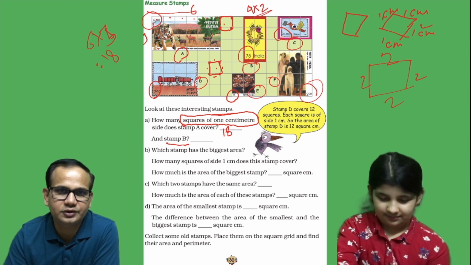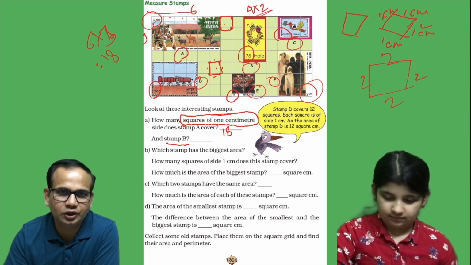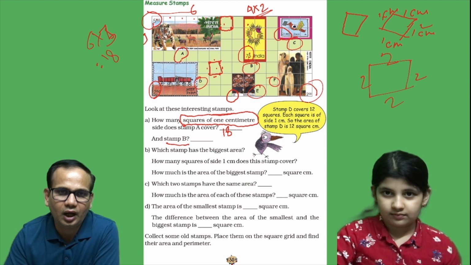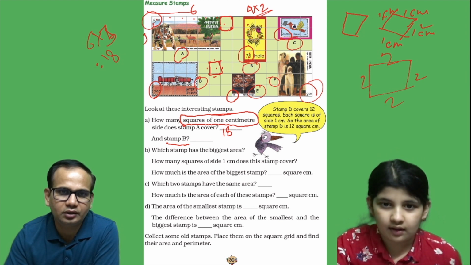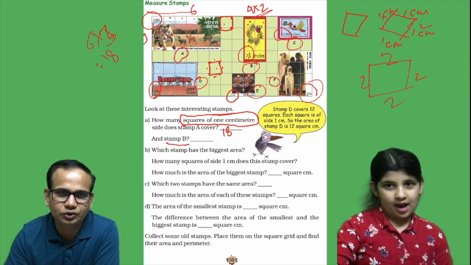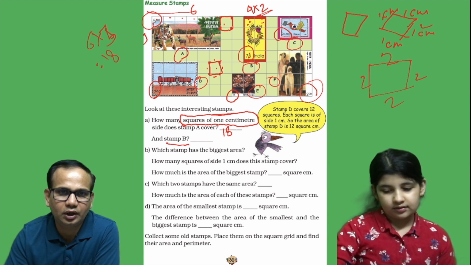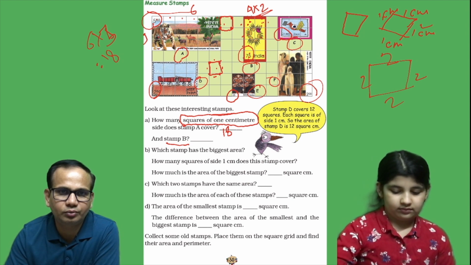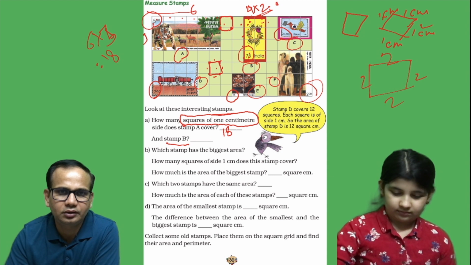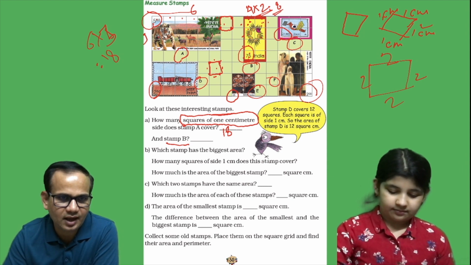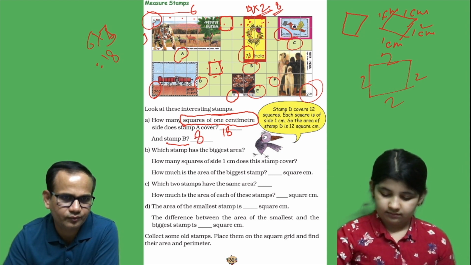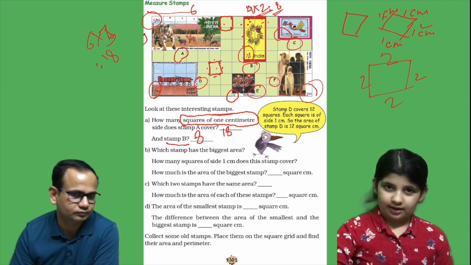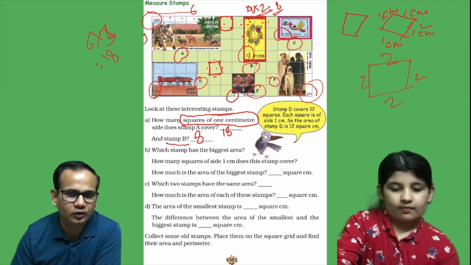Very good, Abhisha. 4 this side and 2 this side. 4 and 2 multiply, you will get 8. So 8 squares are there, right? Right. We'll go ahead.